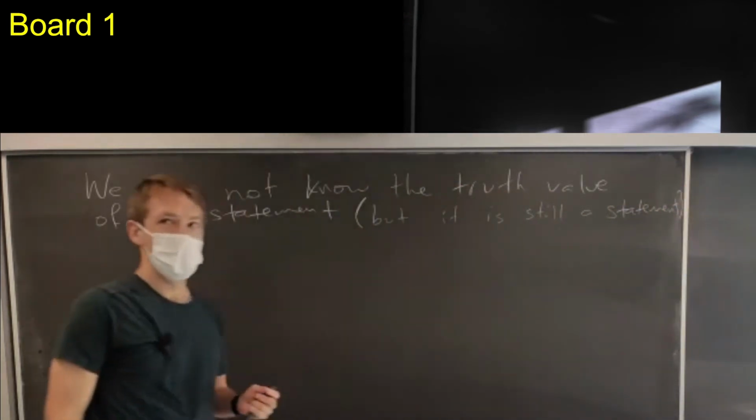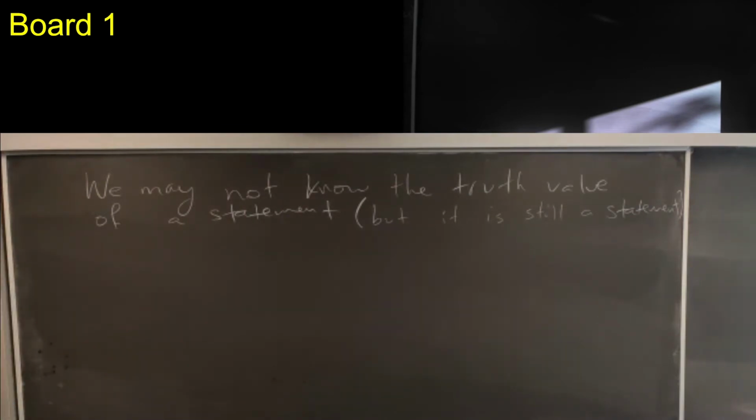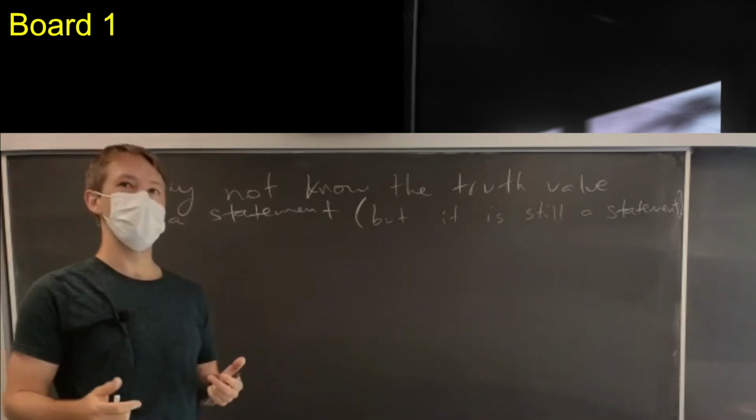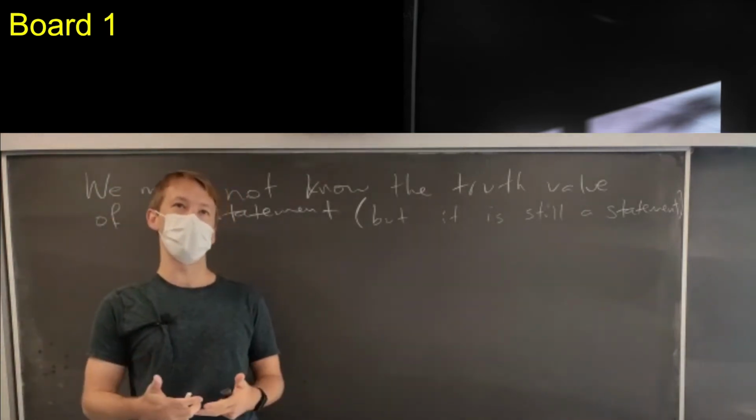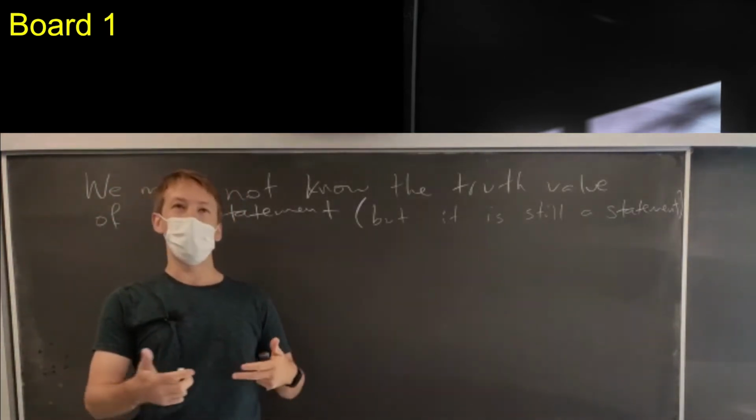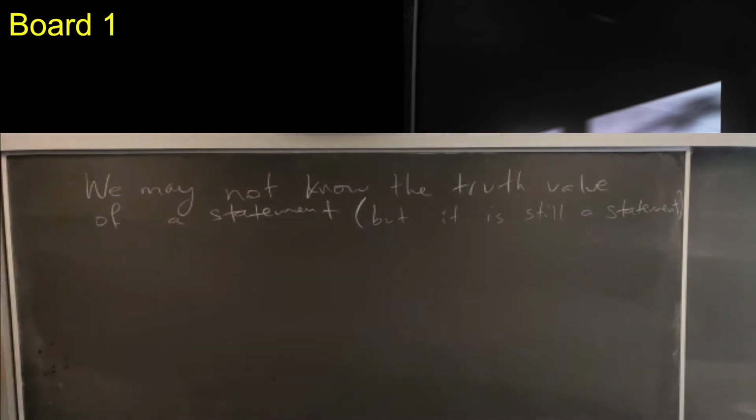Okay? So when I say a statement has an unambiguous truth value, it doesn't mean we have to know what it is. It just means it can't depend on a variable or anything like that. So let me give you an example.